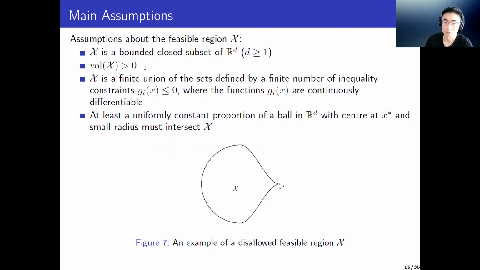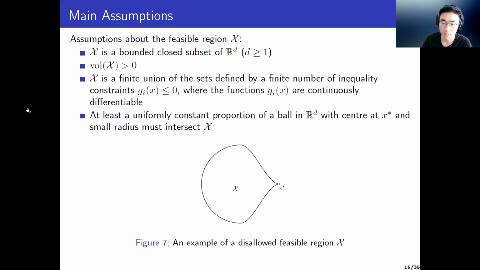And the volume of the feasible set is larger than 0. The feasible set is a finite union of the sets defined by a finite number of inequality constraints, where the functions small g are continuously differentiable. This assumption prevents fractal boundaries of the feasible region.